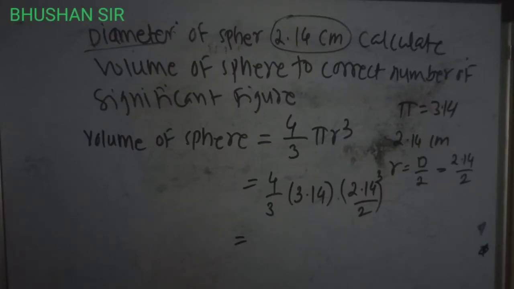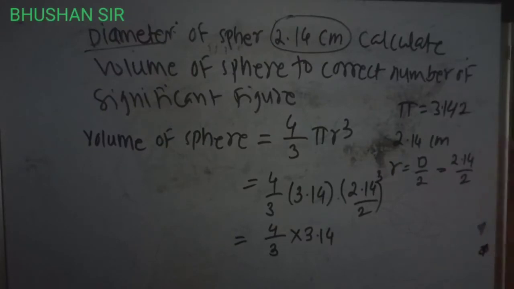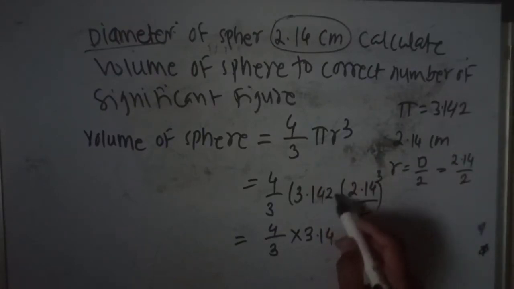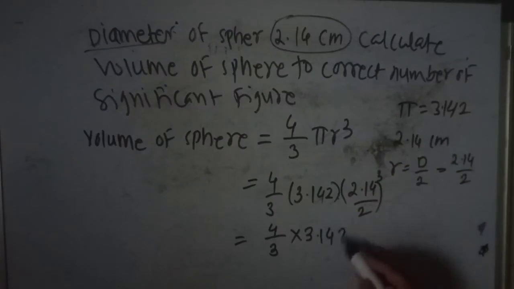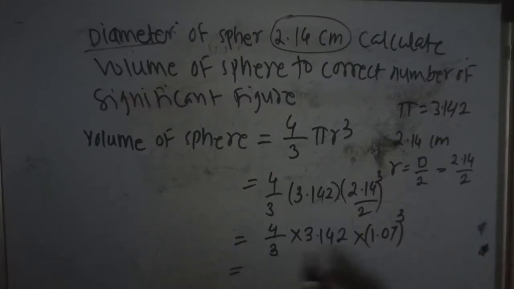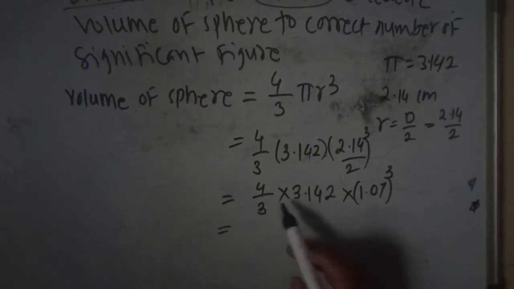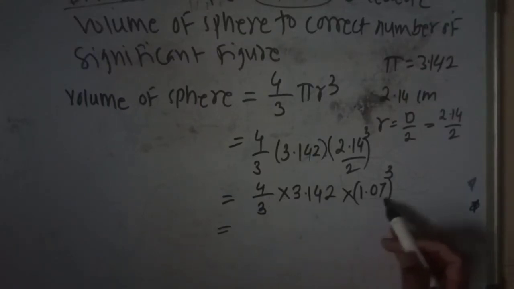By solving it we get 4 by 3 multiplied by 3.14. We have taken the full figure for rounding, multiplied by 2.14 divided by 2, which is equal to 1.07, and its bracket cube. By solving it we get the answer. So the answer obtained is 4 by 3, 3.14 and 1.07 bracket cube.